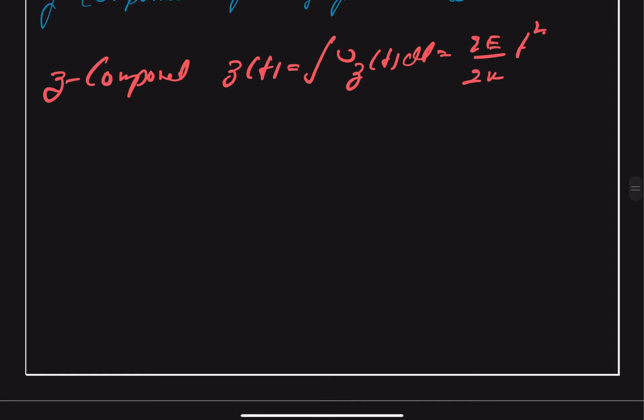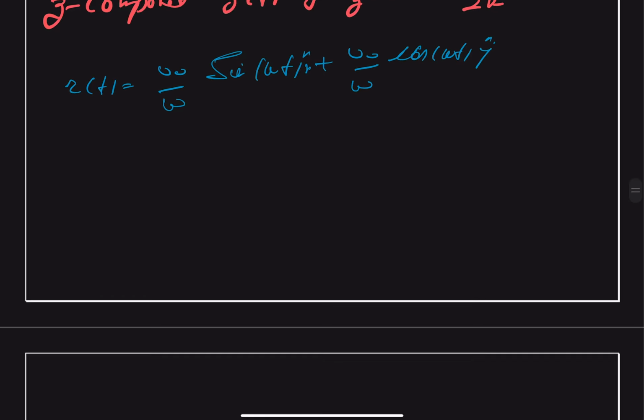So we can write the position vector r of t will be equal to v naught upon omega sine of omega t in the x unit vector, plus v naught upon omega cos of omega t in the y unit vector, plus qE upon 2m t square in the z unit vector, in case the position vector is also asked.